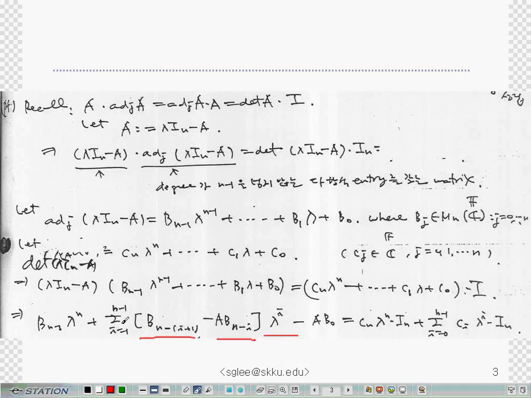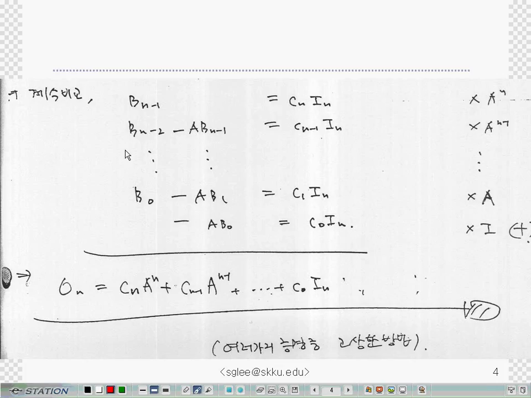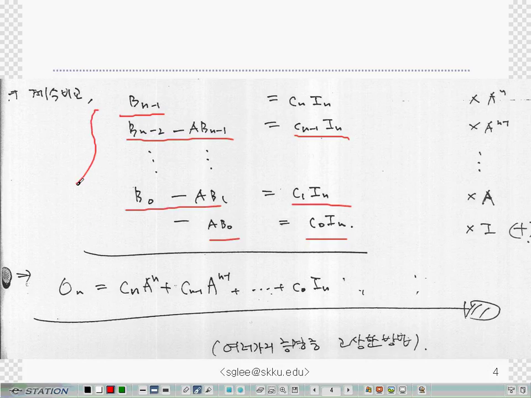Here, there are two terms. There are overlaps. So since these matrix polynomials are the same, all the coefficients are the same like this.